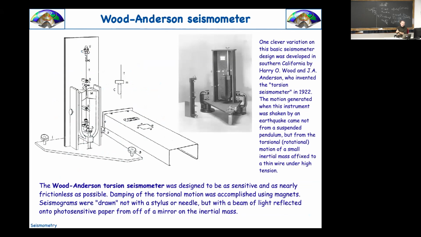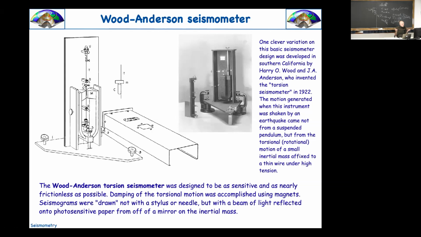And in the US, Mr. Wood and Mr. Anderson developed this one. It was based on a different principle because it was a torsion seismometer. It was using a ray of light, writing on photographic paper. But why I'm showing this to you, and that's why we're here today, is that this was one of the instruments that built the seismic network in California when Charles Richter and Beno Gutenberg were working.